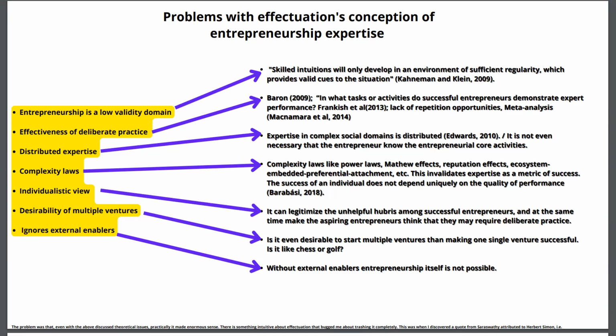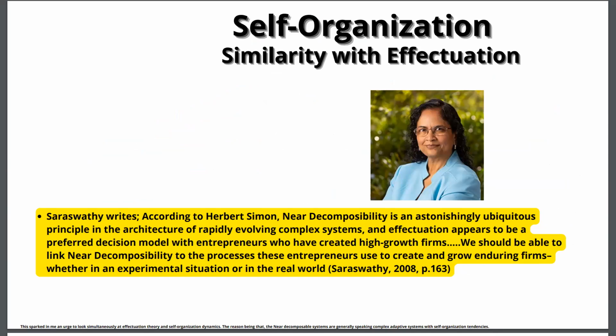This was when I discovered a quote from Saraswati attributed to Herbert Simon. According to Herbert Simon, near decomposability is an astonishingly ubiquitous principle in the architecture of rapidly evolving complex systems. And effectuation appears to be a preferred decision model with entrepreneurs who have created high growth firms.